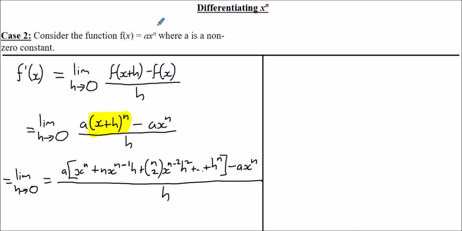And so if you look over here, we will have another cancellation. So a multiplied by x to the power n will cancel with this thing over here.